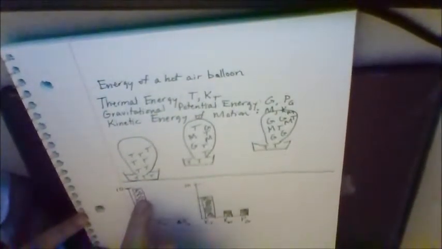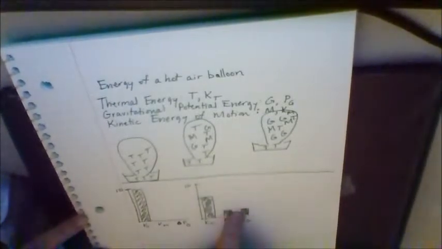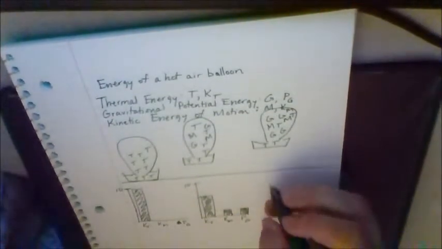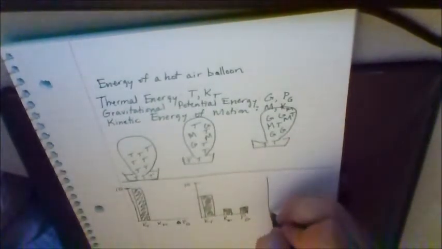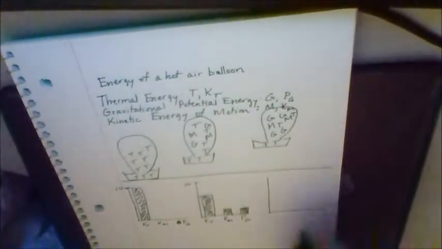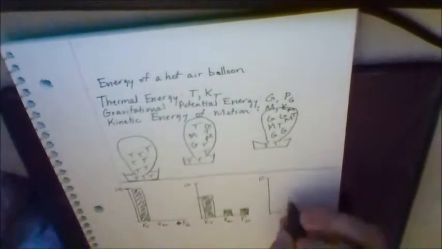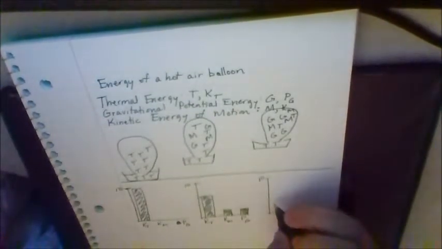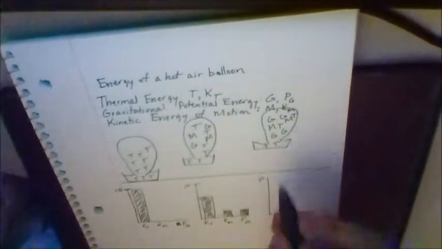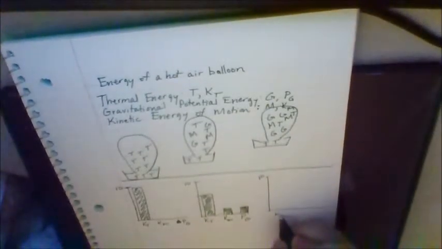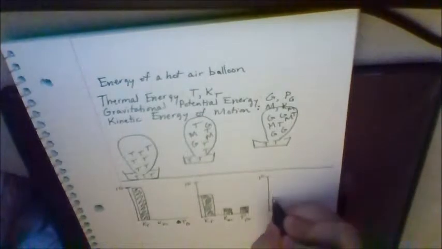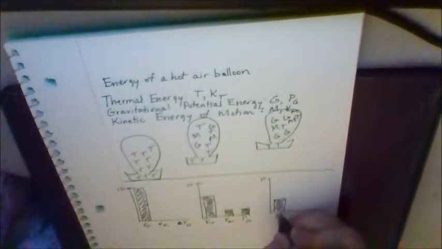So some of our thermal energy has gone into both motion and gravitational. So our last graph here shows that the thermal energy is further decreasing. Thermal energy, we have 1, 2, 3, 4. So thermal energy is 4 units of it.